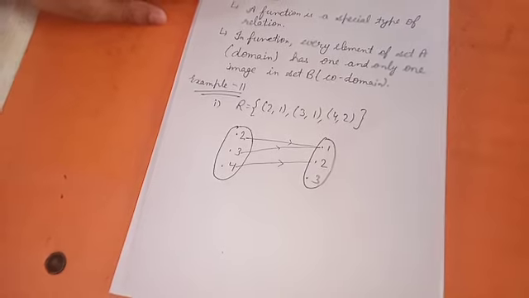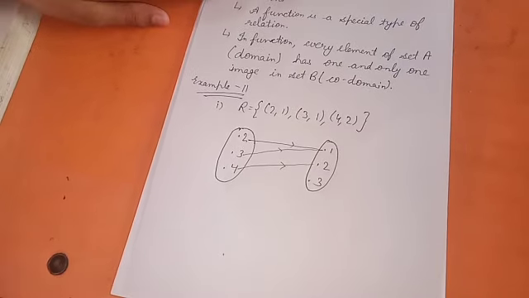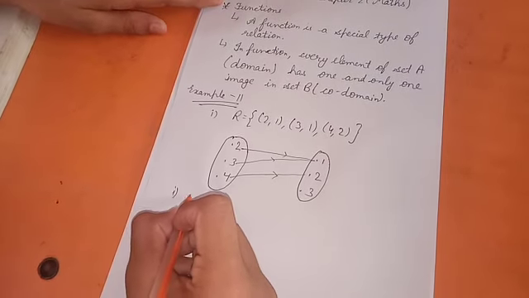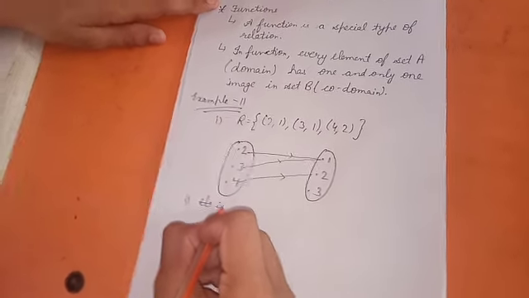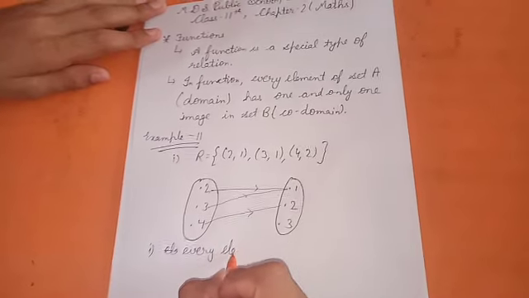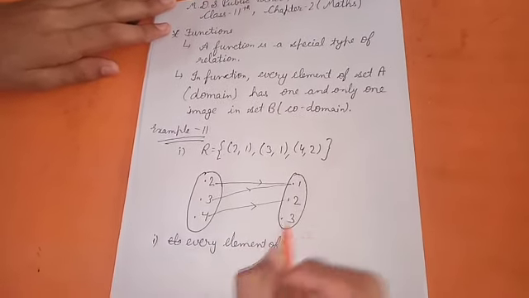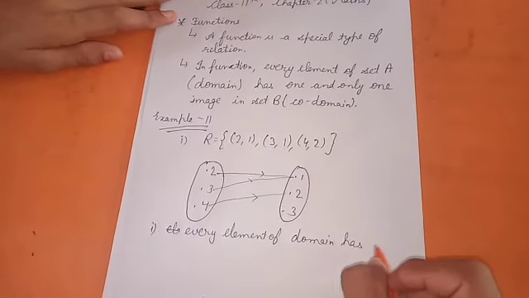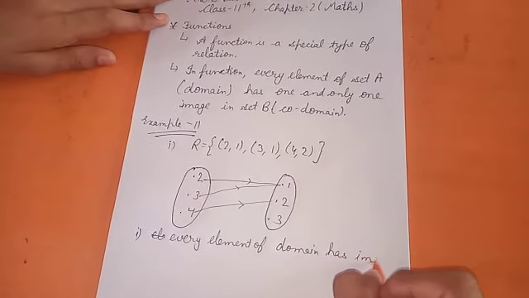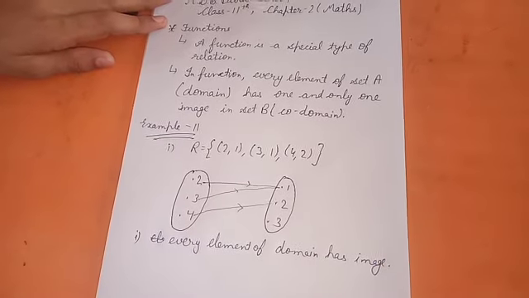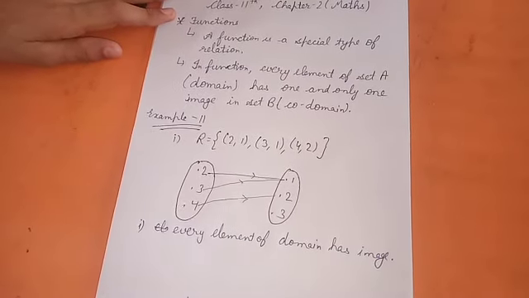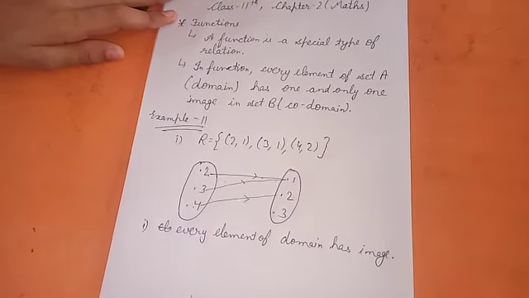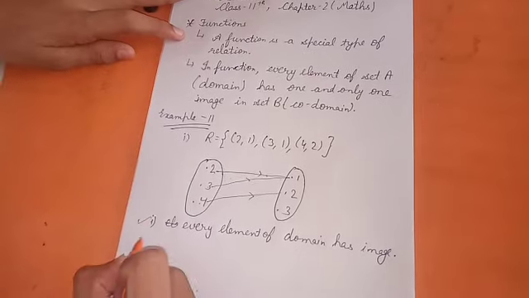Now while checking whether it is a function or not, we have to check two things. First, every element of domain has an image. Okay, first thing is that, now check, every element has an image. So it is true.